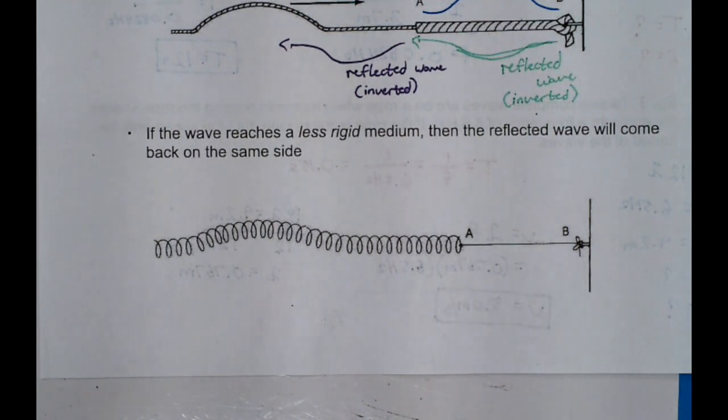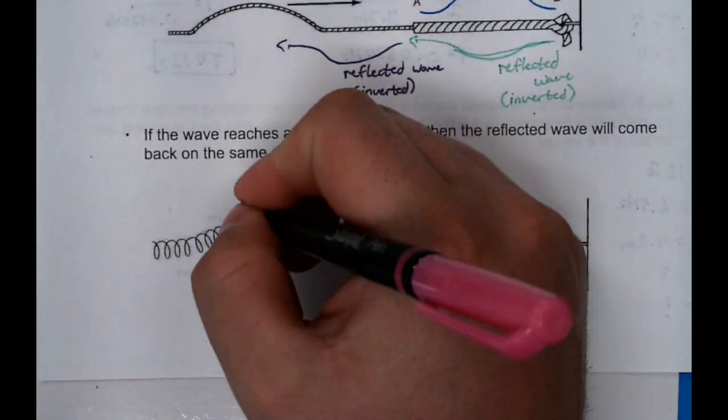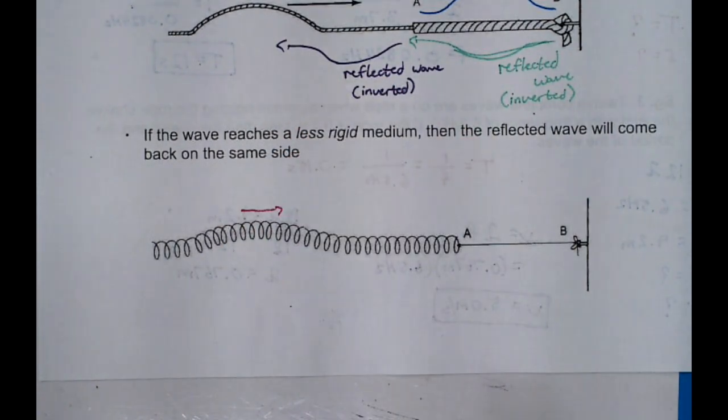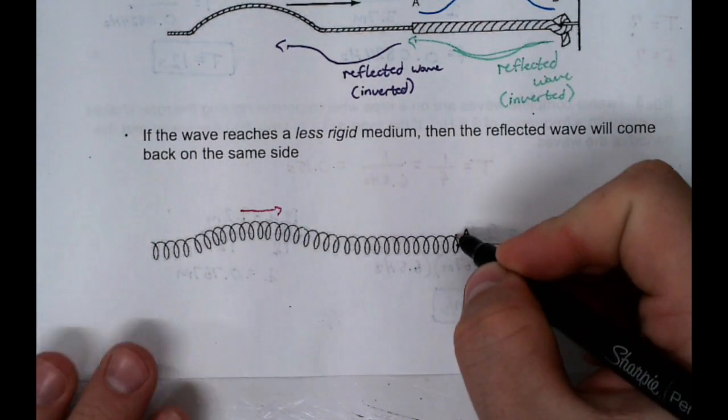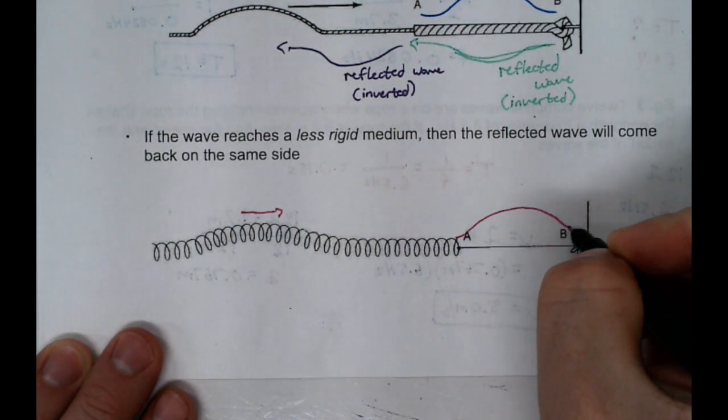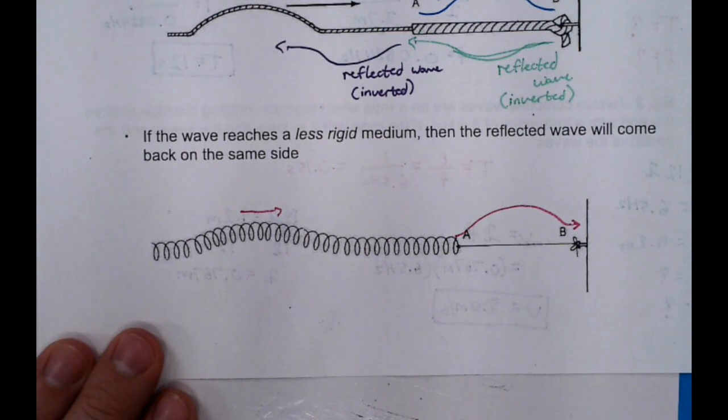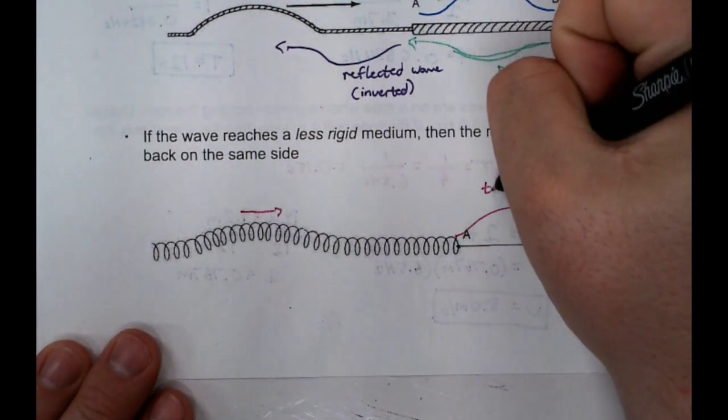However, the reflected wave in the slinky, as it went from something more rigid to less rigid, is going to come back and be reflected up again, upright.